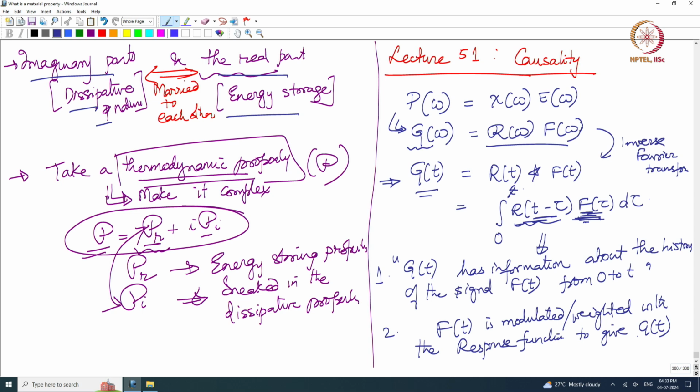So first of all, it is not just f of t; it is f of tau, weighted with the response function r of t minus tau.